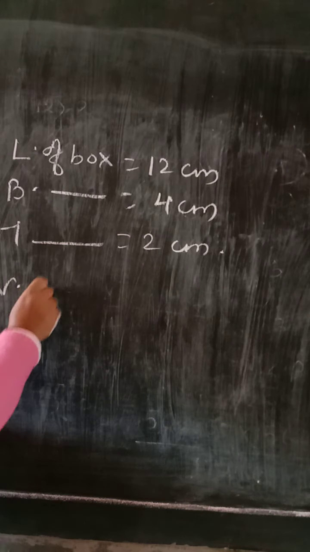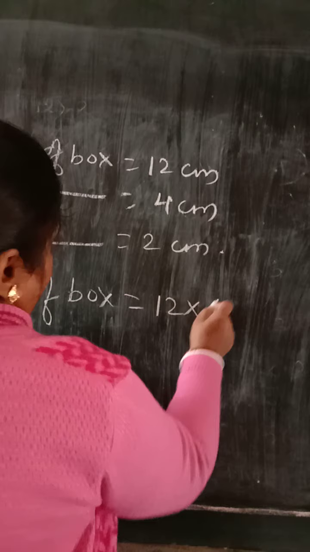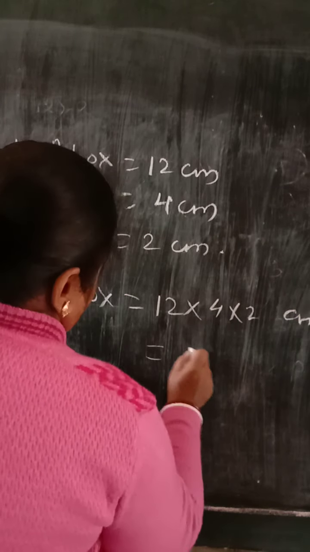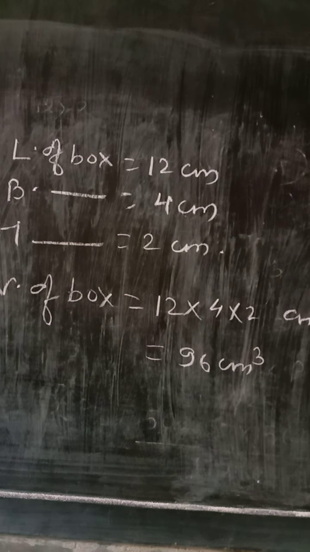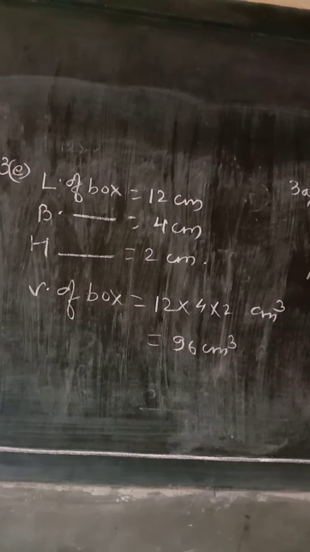So the volume of the box is 12 into 4 into 2 centimeter cube, which is 96 centimeter cube. Thickness and height are the same thing. When we talk about a box, we talk about the thickness, but it is the same as height.